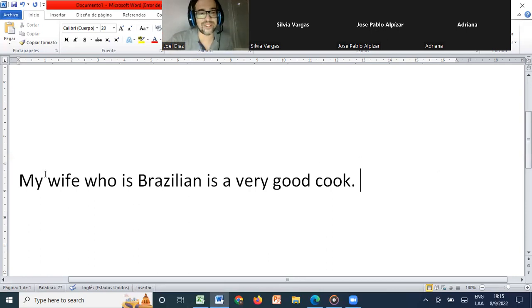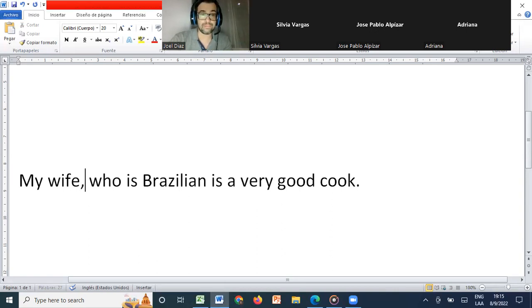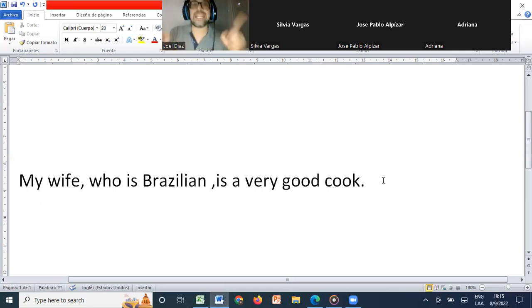Okay, it is not essential. So the thing here is that since it is not essential, I need to put here a comma, and I need to put here a comma. So all the non-essential relative clauses need to be surrounded by commas, always.